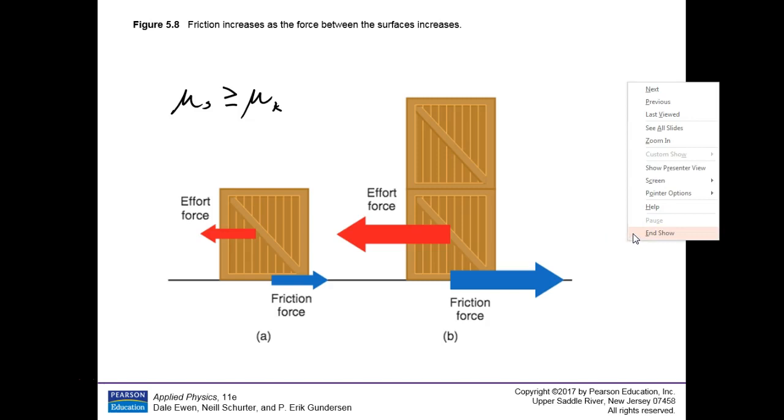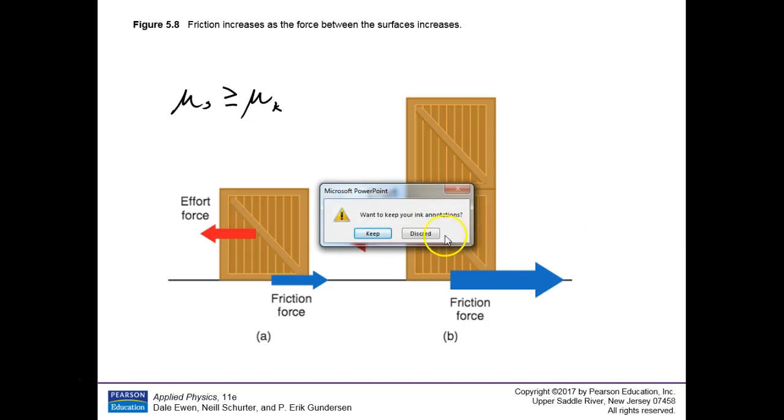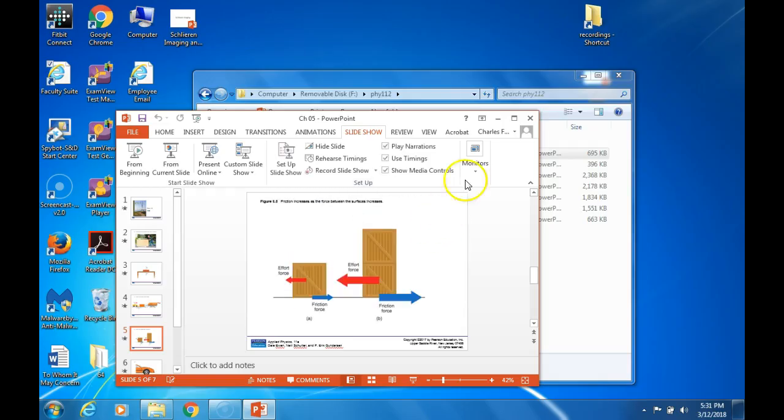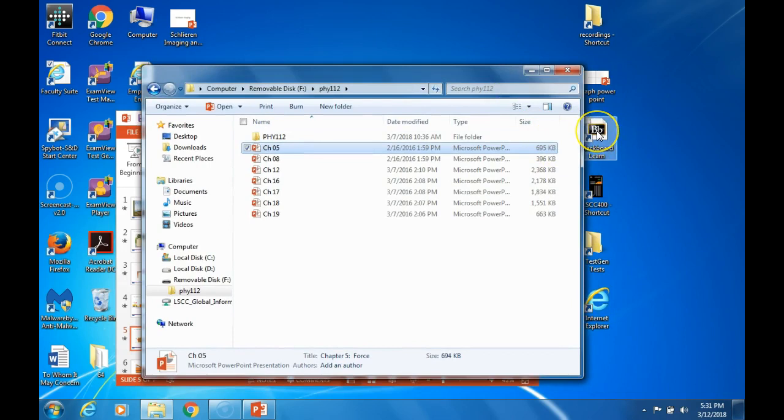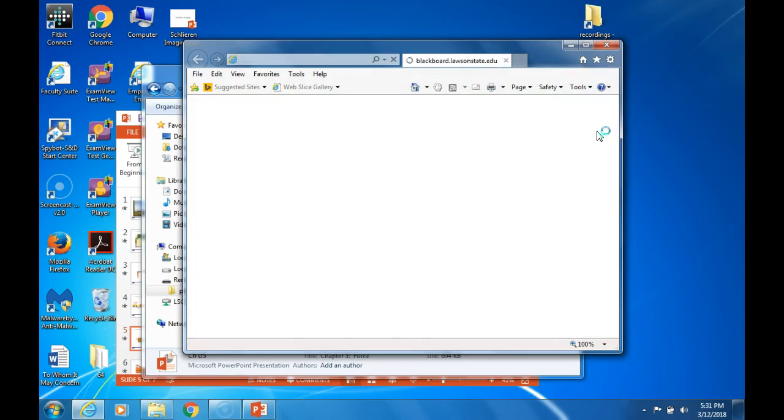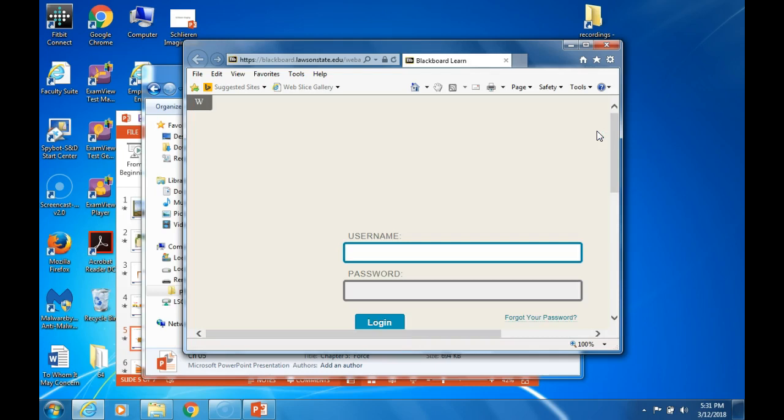I'm going to end the show for right now. We'll discard this. Okay. I want to go to Blackboard so I can show y'all. There it is. Okay. To go to Blackboard, I have an icon for it, but however you get there. And I have to log into it.